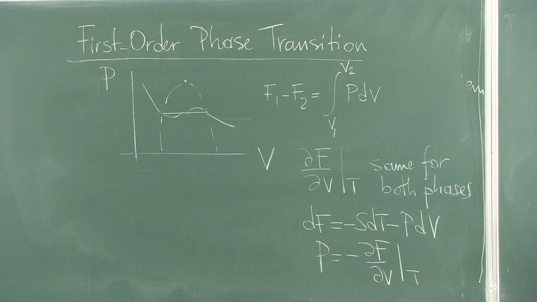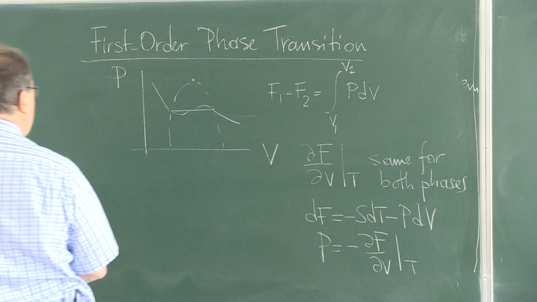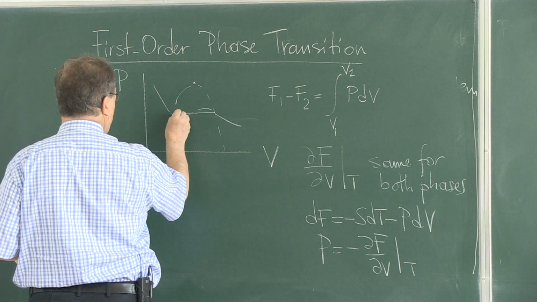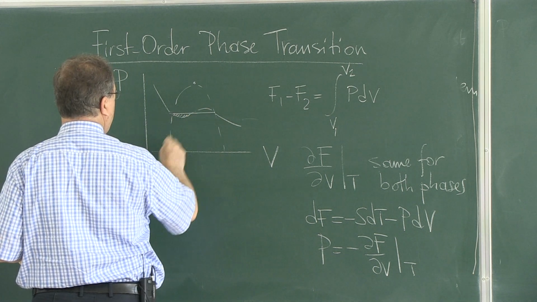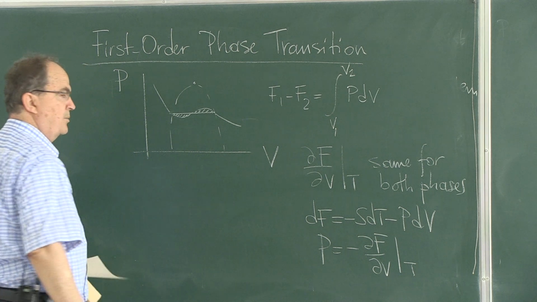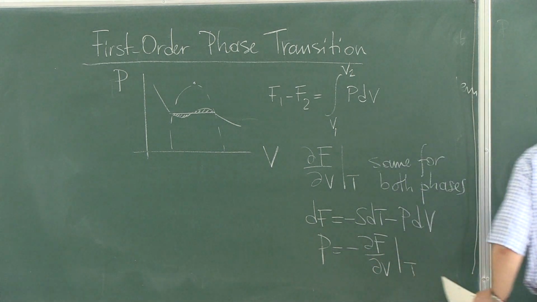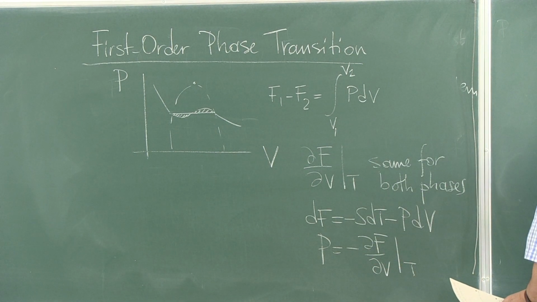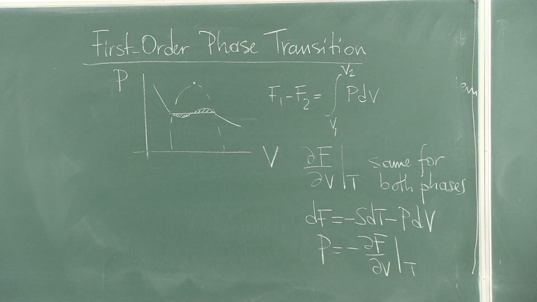So the Maxwell construction equates the pressures for two phases. So what you look at is the integral of the van der Waals curve, and equate them, isn't it? So that's the Maxwell construction, which takes us back to the double tangent construction. They are equivalent.